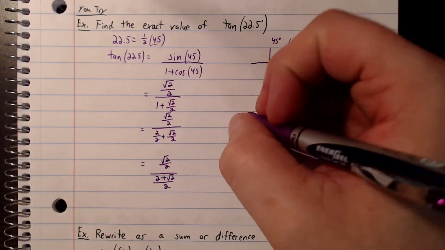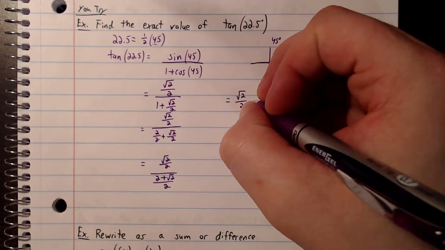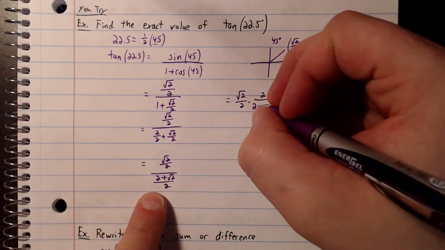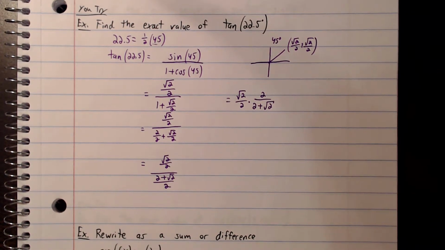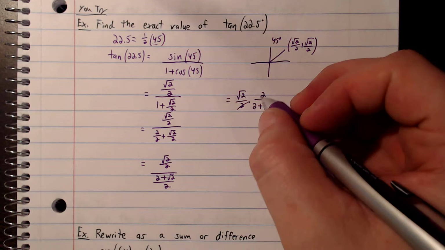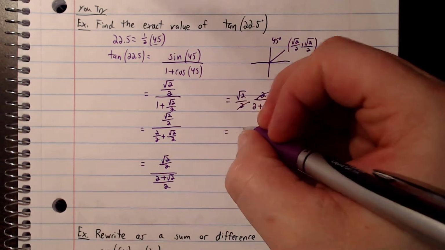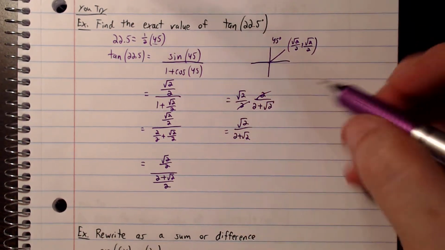Let's multiply by the reciprocal. So root 2 over 2 times, we got to flip this, so 2 over 2 plus root 2. Wow, that's a lot of 2's. Anyways, we can notice that some of the stuff on the fractions will cancel each other out. So we've got root 2 over 2 plus root 2.